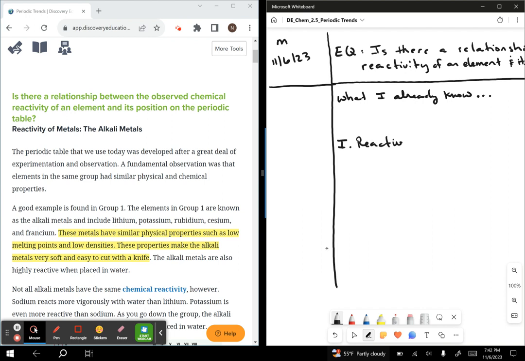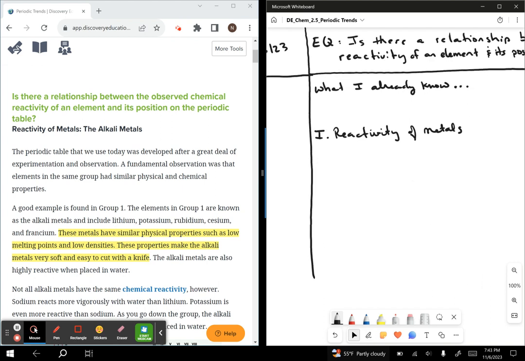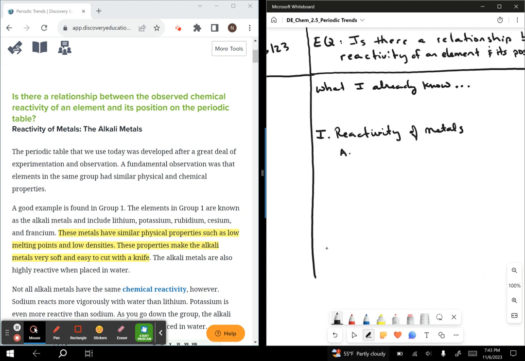Reactivity of metals. And we're going to start with alkali metals. Alkali metals, as you recall, are all the way on the left, the group 1 elements. What can we say here?